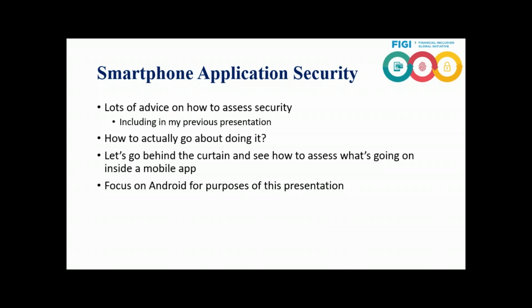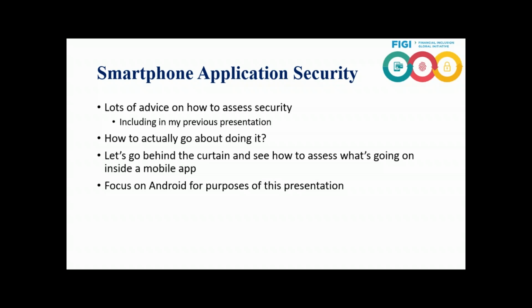So what I wanted to do for a little bit of time was go behind the curtain and show you what it looks like to actually assess what is going on inside of a mobile app. There's going to be a bit of code involved, but don't worry, I will walk you through or describe what you're looking at, so you'll hopefully have some idea of what you're seeing. I'm going to focus on Android for purposes of this presentation. Also, the application that I'm looking at is open source.